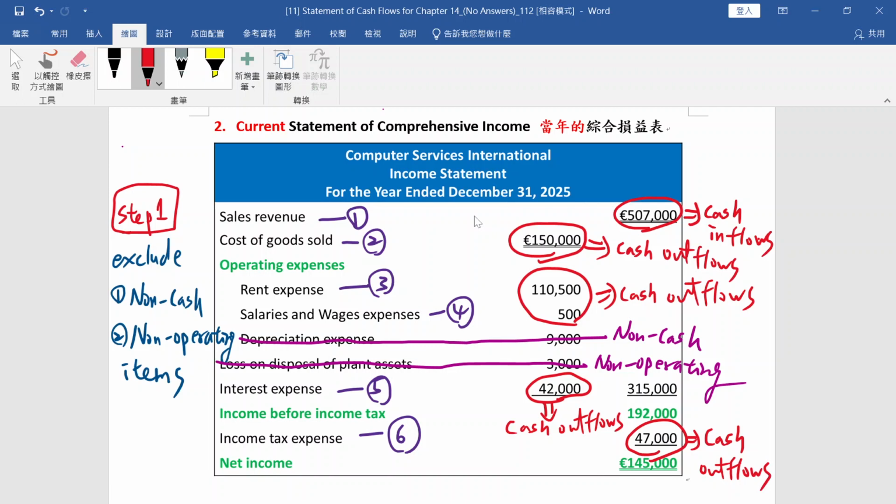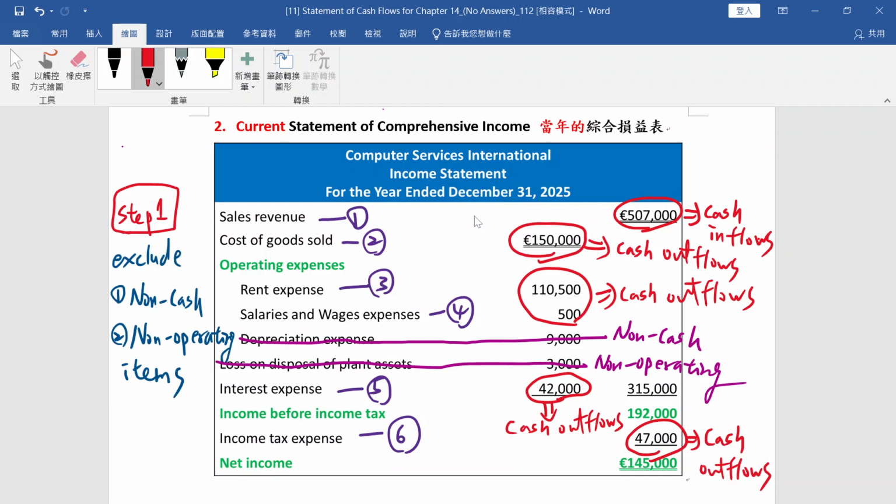Okay, so this is the direct method. What does it mean? Based on each item, we try to figure out cash inflows. Based on each item, we try to figure out their cash outflows. Okay, any questions?